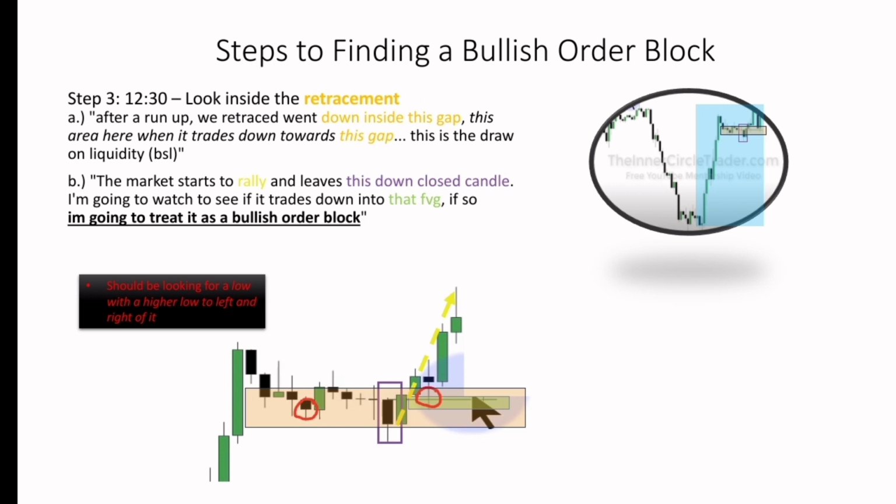The market starts to rally in yellow, as you can see, and it leaves this down closed candle in the purple rectangle, and he says, I'm going to watch to see if it trades down into that fair value gap at the lower time frame, and if so, we're going to treat this as a bullish order block. We're going to be treating the down closed candle, the purple rectangle, as a bullish order block if at the lower time frame price trades down into it.